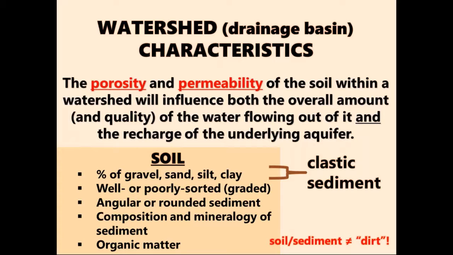We're also talking about the presence of organic matter, leaves and twigs and dead things that are mixing in with the sediment as well. The soil itself, the rock and mineral bits that make up the soil, each individual class or particle can be angular or round in shape.